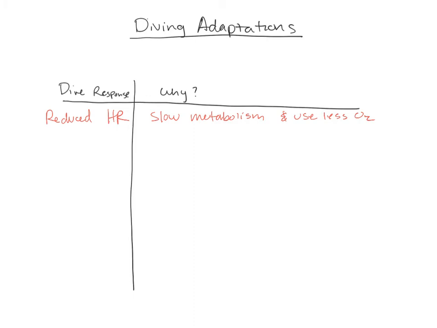Okay, you will also have restricted blood flow, and it will concentrate to your vital organs, meaning your brain and your heart, not your lungs. You don't need to use those. Why is that? Because we're going to concentrate on the organs that are going to keep you alive, that are vitally important.